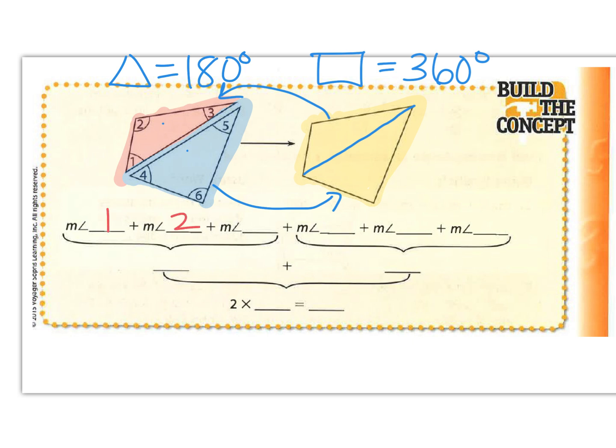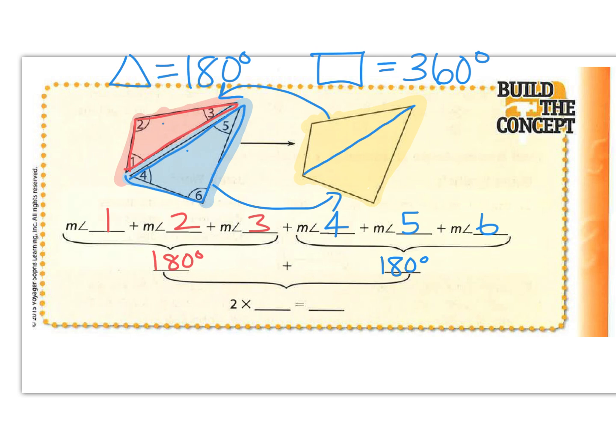Angles 1, 2, and 3 from the red triangle, if we add those up, that will equal 180 degrees no matter what, because it's a triangle. If we do the same with the blue triangle and we add angles 4, 5, and 6 from the blue triangle, that will also equal 180 degrees because every single triangle equals 180 degrees.